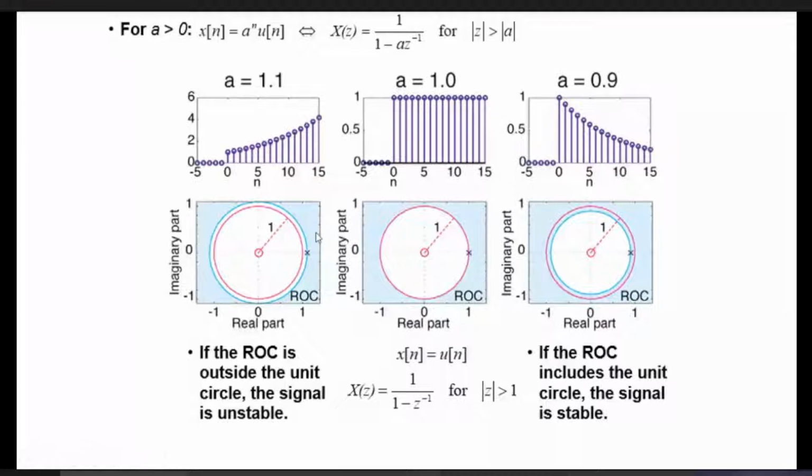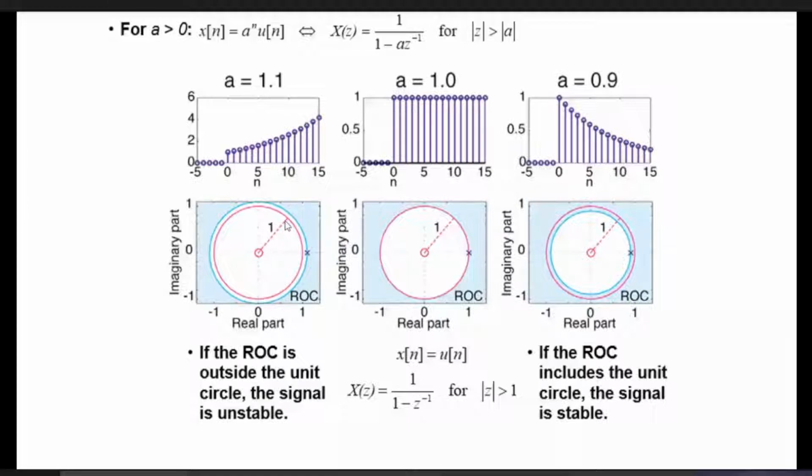So this is the first case where ROC exists outside the circle of radius 1.1. The next case, ROC exists, and in this case you see the unit circle is not included in the ROC.